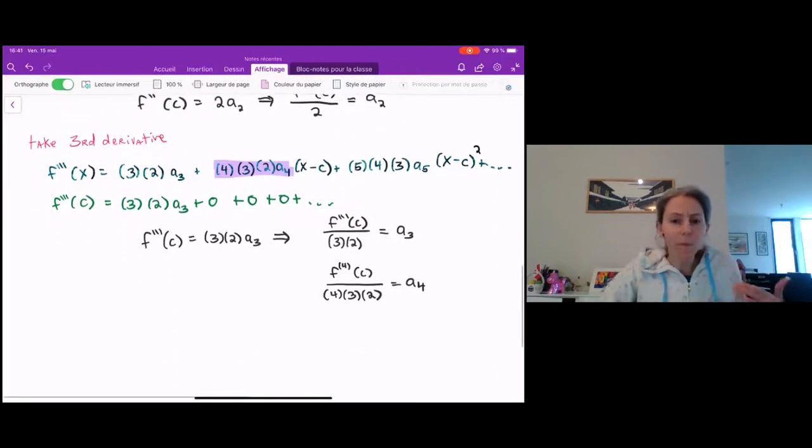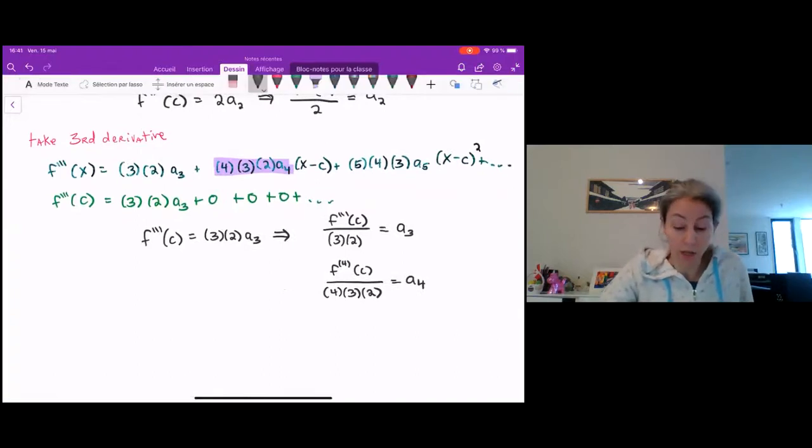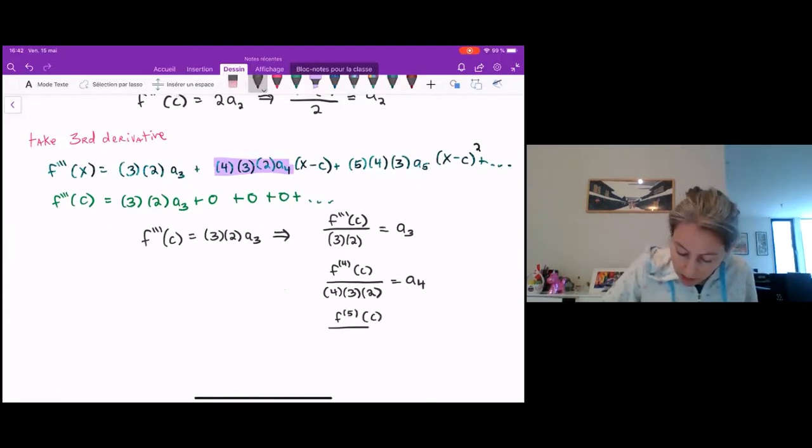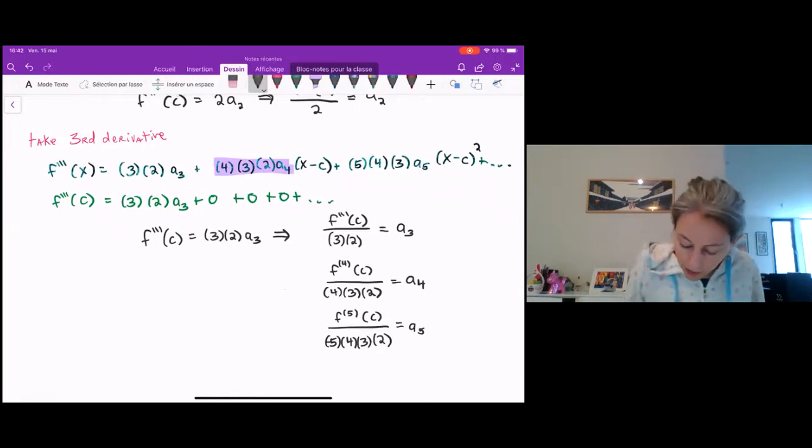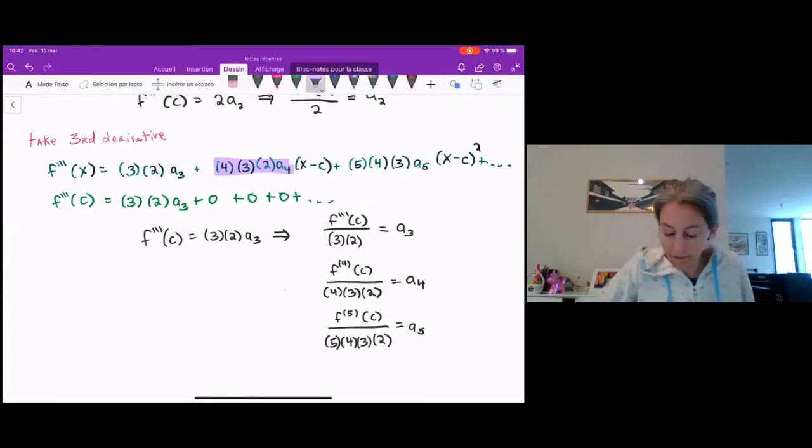And if we keep this pattern going, we could then surmise, or see if we actually did it, that the fifth derivative evaluated at c divided by 5 times 4 times 3 times 2 is equal to a sub 5. Well, notice what's happening here. In the denominator, when I have that fifth one, I have 5 times 4 times 3 times 2.